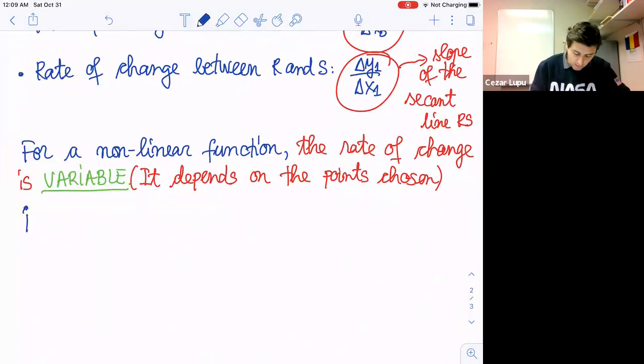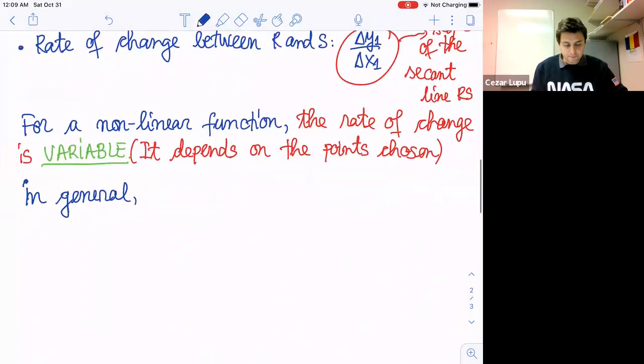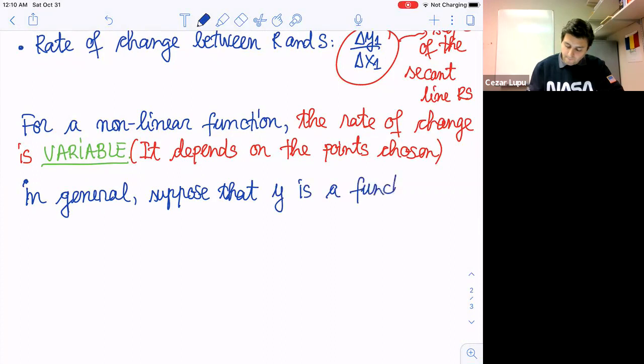So in general, we have the following. Suppose that y is a function of x.